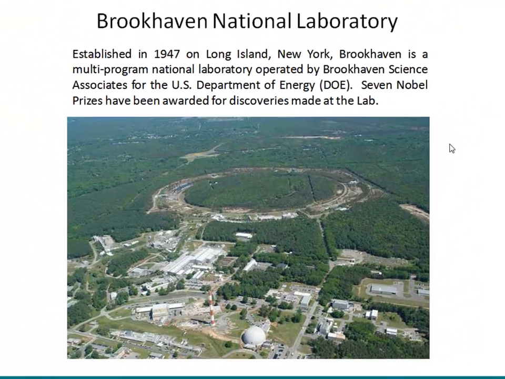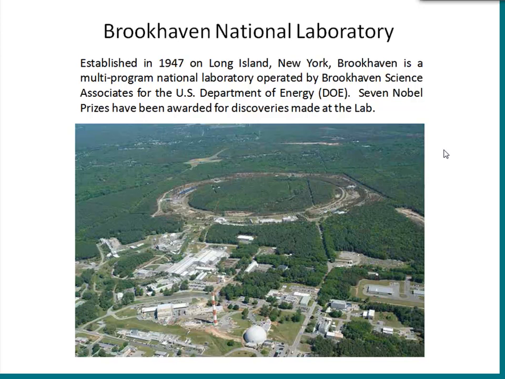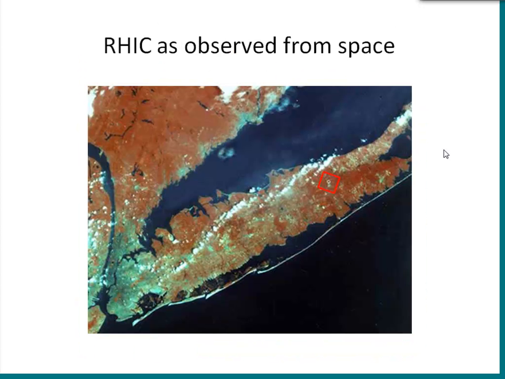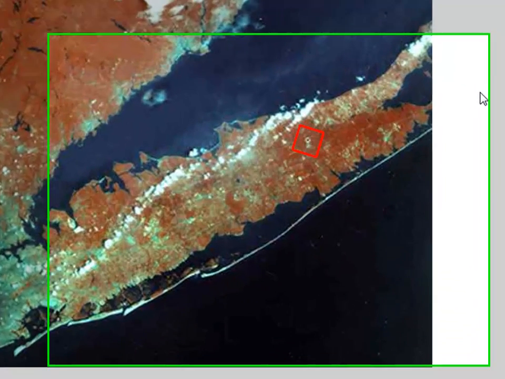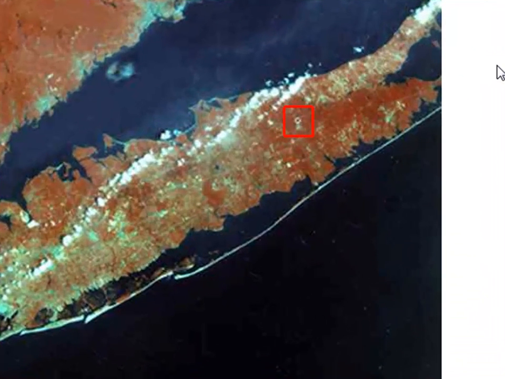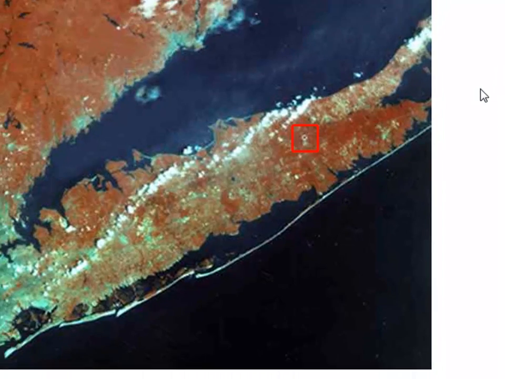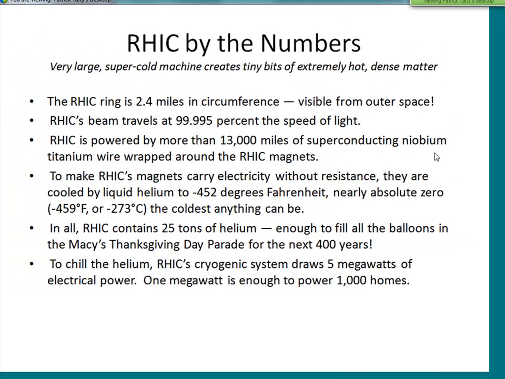The role of the project that I'm involved in specifically is the cryogenic plant. By the way, this is the RHIC ring highlighted in the box as seen from space. A little novelty I thought I'd throw in. The cryogenic plant, we don't make a product.